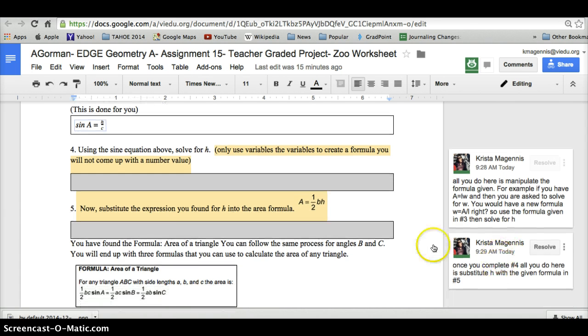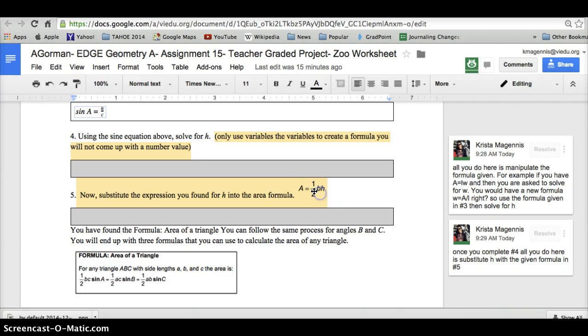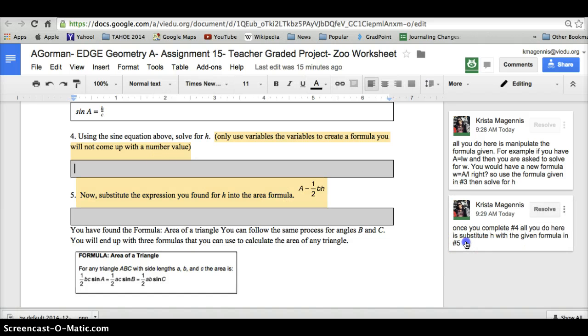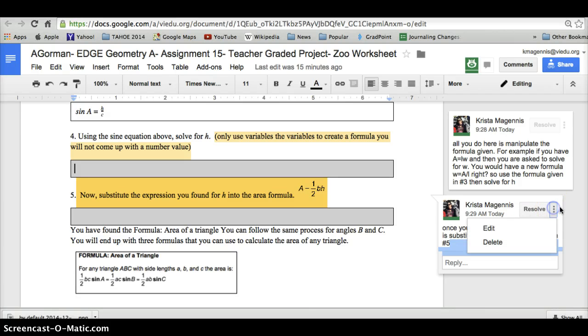Once you've completed that, then all you're going to do is take this formula and replace the H with all of that. I should actually say, hold on, I wrote that backwards.